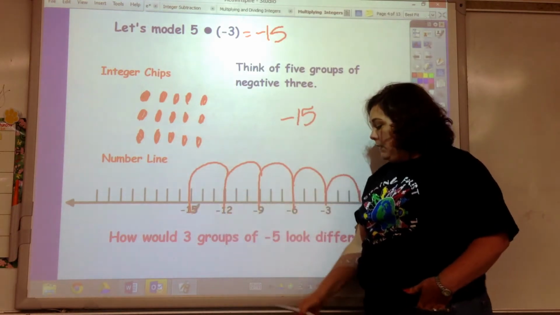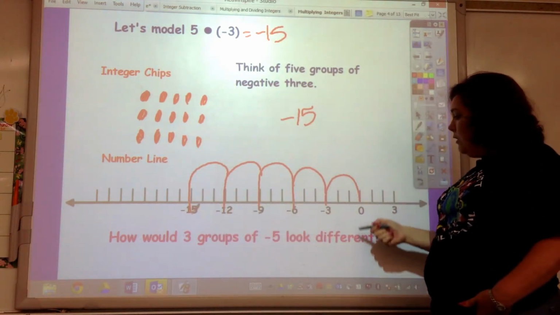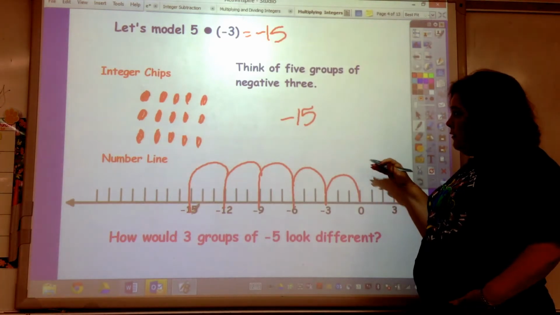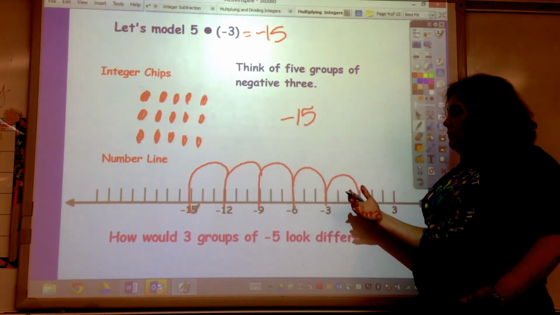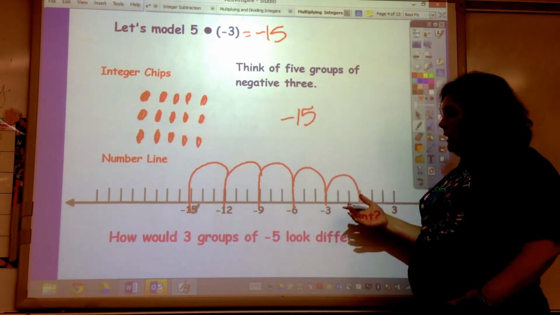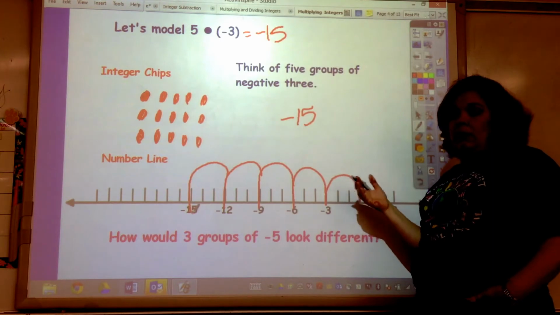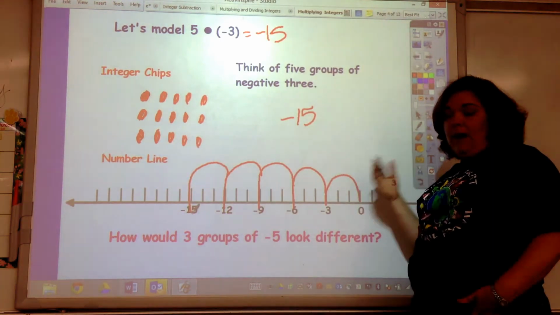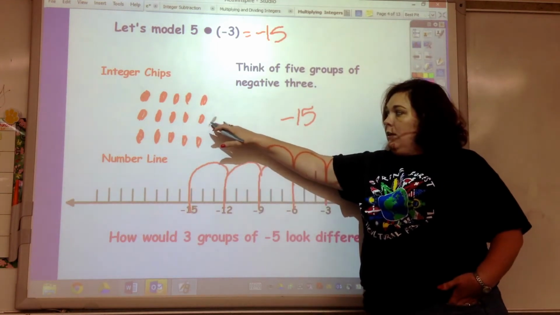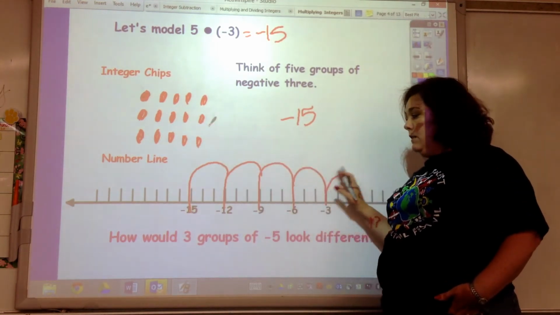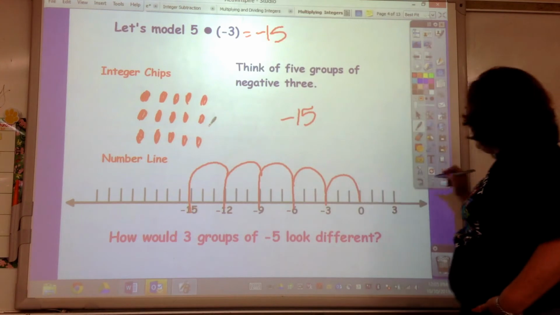So this, of course, is going to be negative 15. That's the way that you show multiplying integers with integer chips and a number line. Just the way that you do it with positive numbers, you can do it with negatives, except these are in red and this goes to the left.